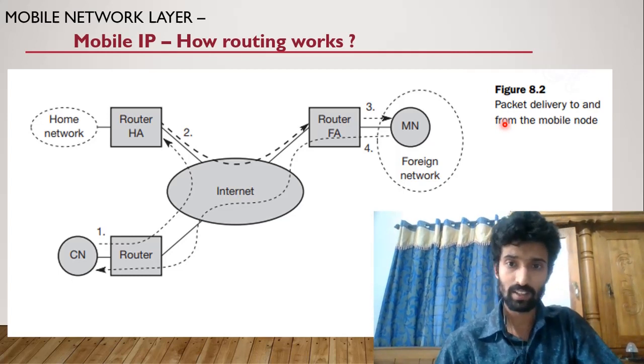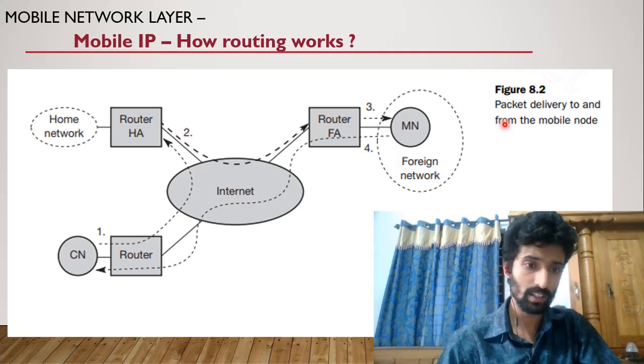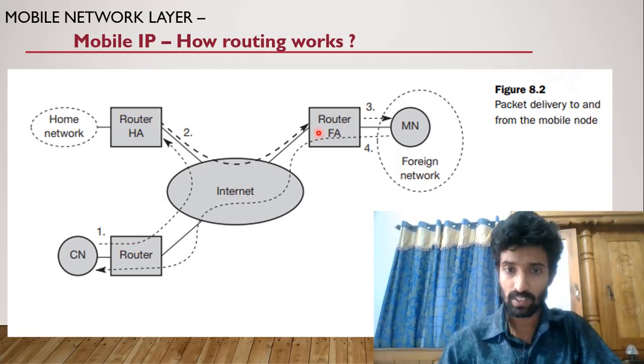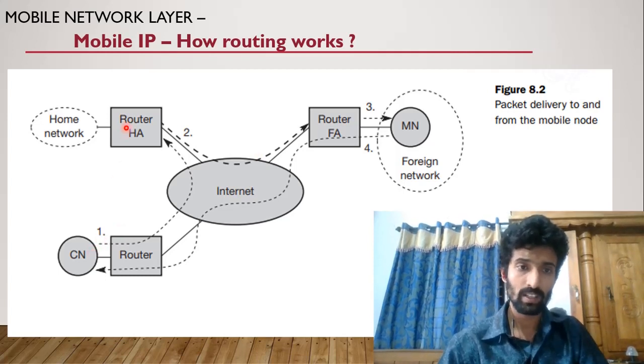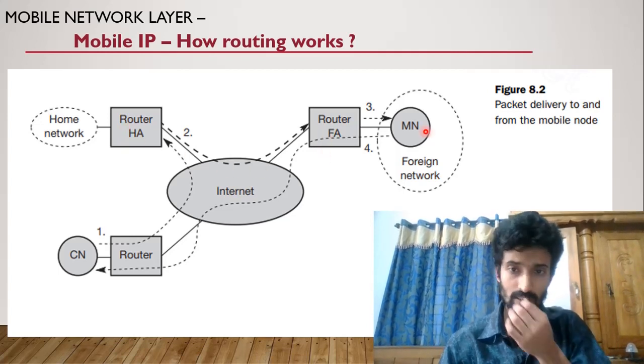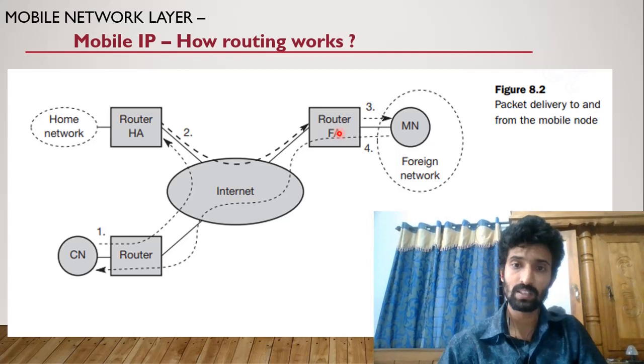Now let us see one issue here, which you have to understand clearly. The tunnel is created from the home agent to the foreign agent every time. Whenever a packet is received at the home agent from any corresponding node, the home agent's duty is to forward the packet to the corresponding foreign agent where the MN resides. But the real issue is that the foreign agent can be in any network, because the MN is allowed to move from one network to another, and from there to another.